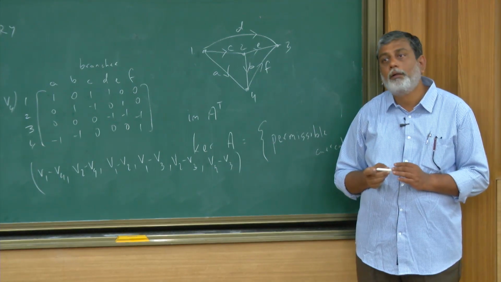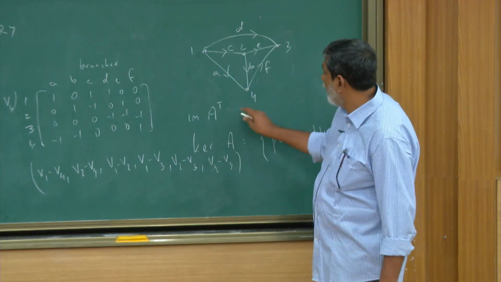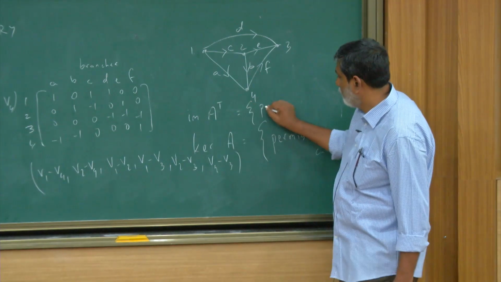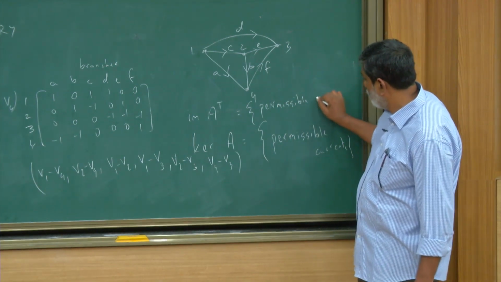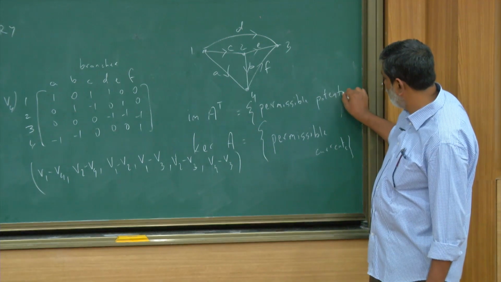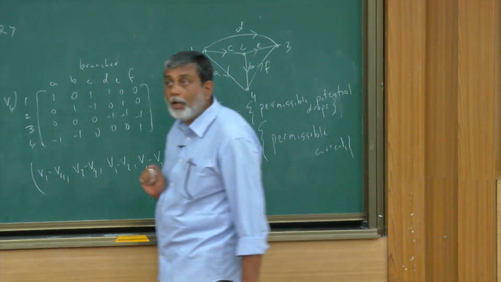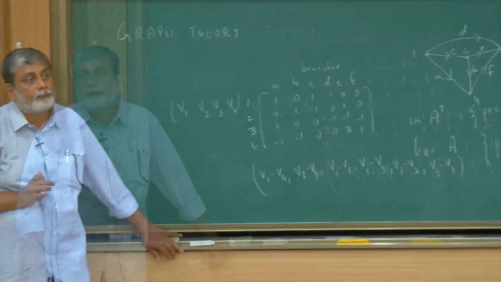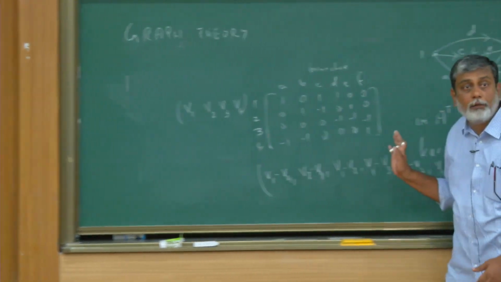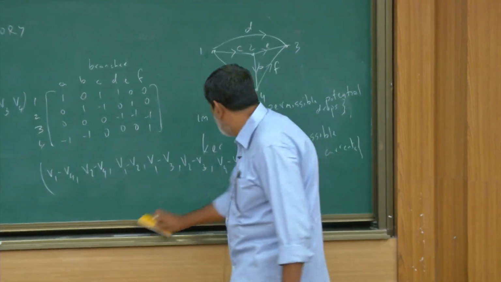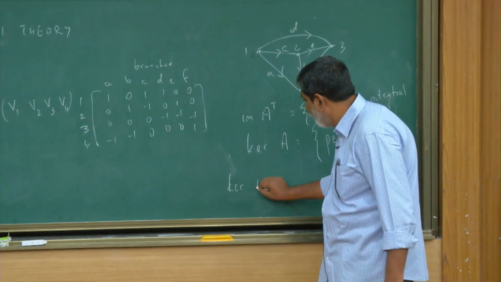Yeah? So, image of A transpose are the permissible potential drops. Okay? All right. I hope this is clear. What can you say about kernel of A transpose?